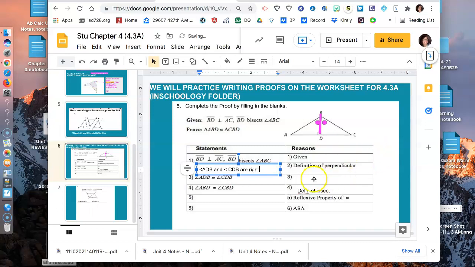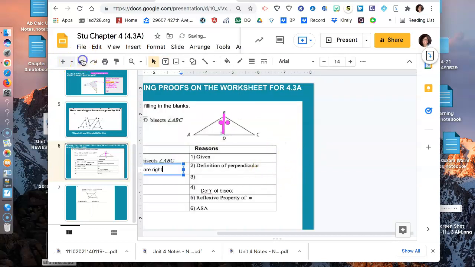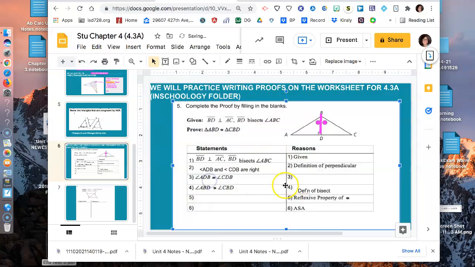And again, why do I know that? Because I know what perpendicular means. And when that happens, we say definition of perpendicular. So now they're saying, well, those 2 angles have to be the same. Well, yeah, all right angles are congruent.